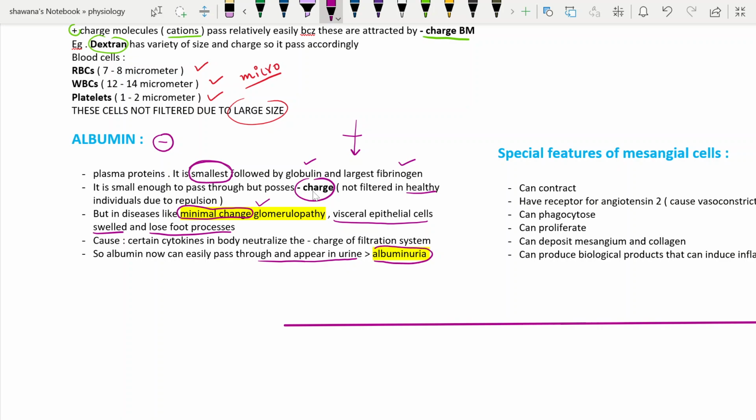Also, there is another cause of minimal change glomerulopathy: some cytokines are produced in the body that neutralize the negative charge of the filtration system.